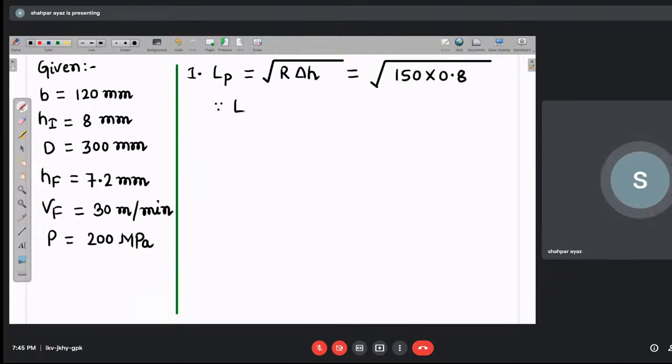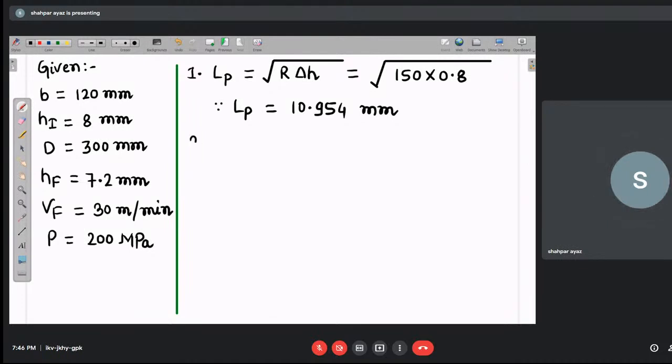So the projected length we are getting is 10.954.